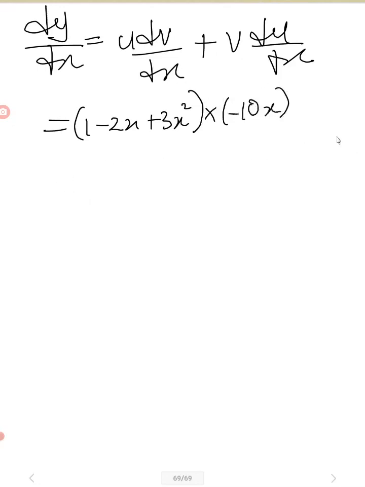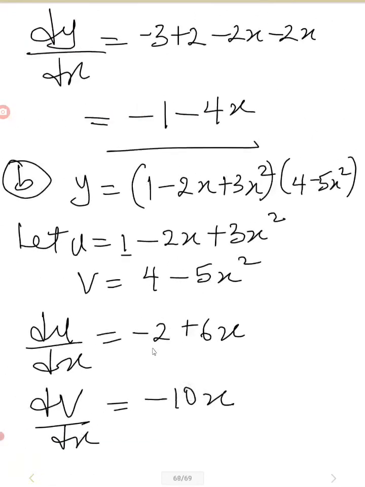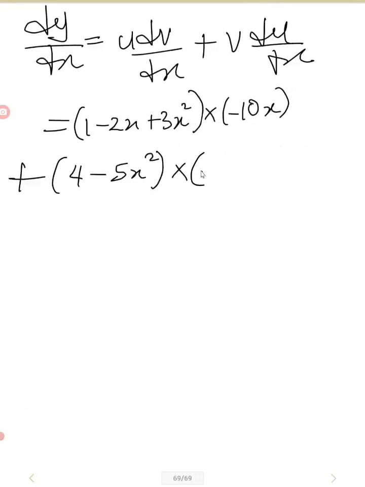Now, plus, what is the value of our v? Our v is 4 minus 5x squared, multiplied by du/dx. When we differentiate, it gives us minus 2 plus 6x. That is the value.